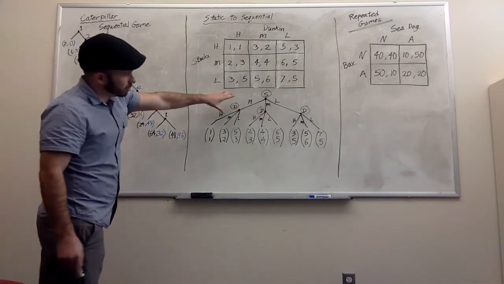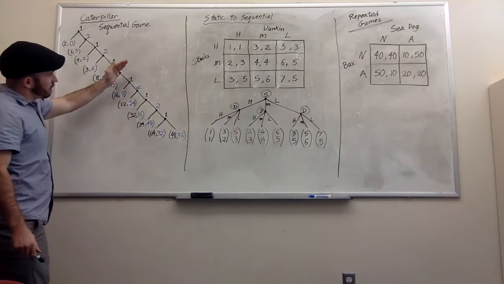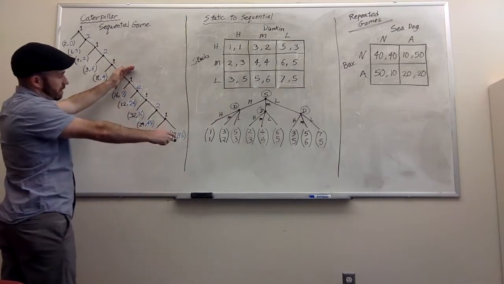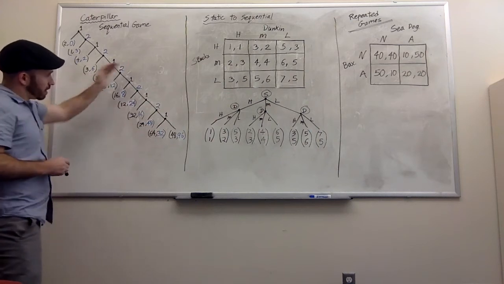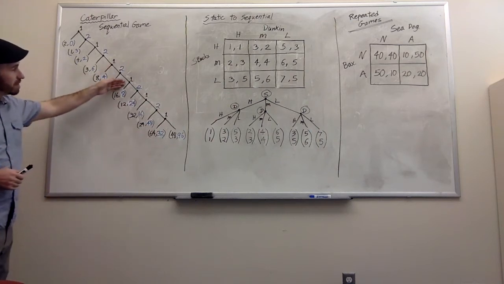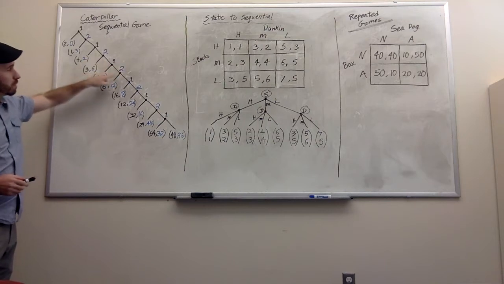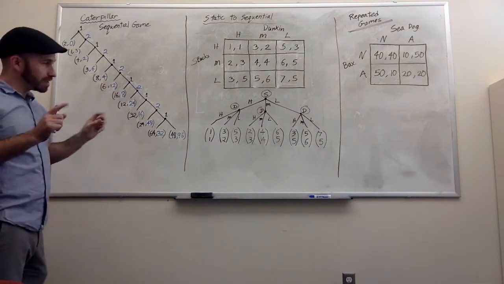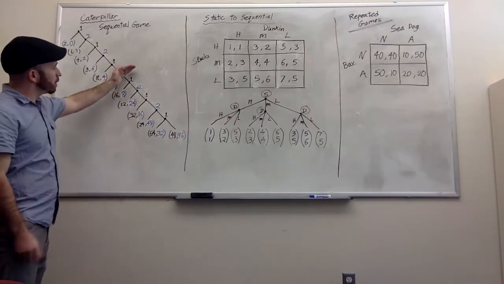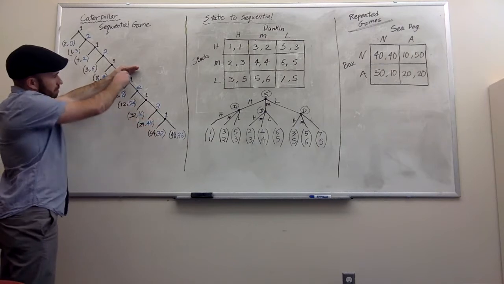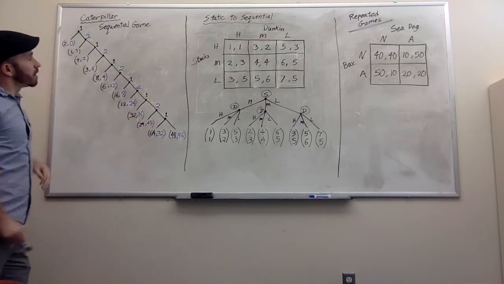This is also a decision tree over here. All of the remaining decisions from that point on, if we can cut to a single decision node. Each of these are decision nodes where a player makes a choice, takes an action, that's part of their strategy profile. So this is a subgame of the overall game here.